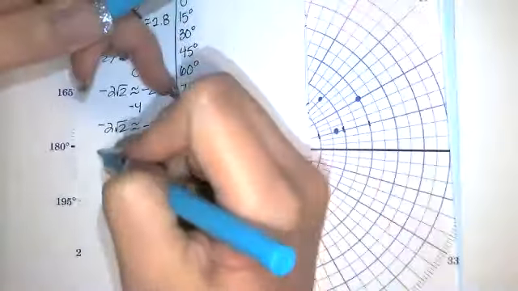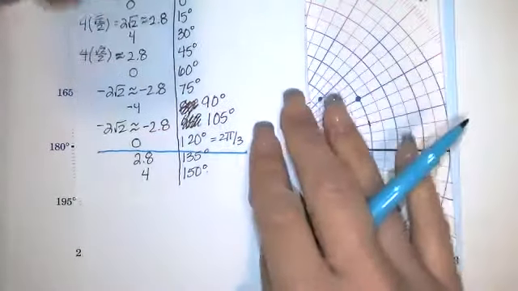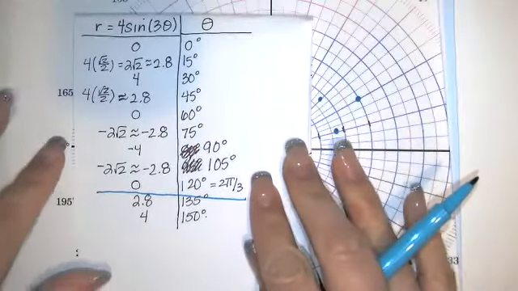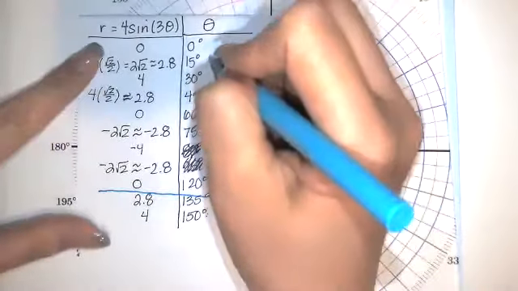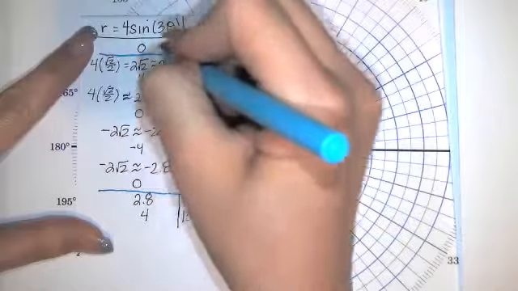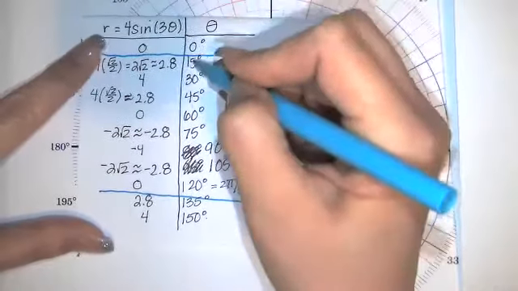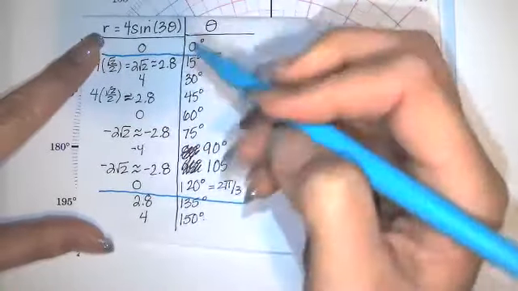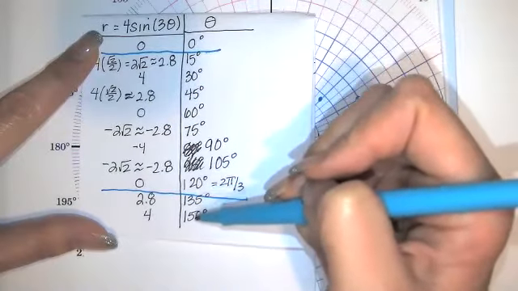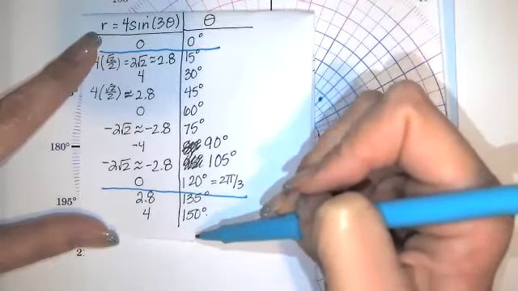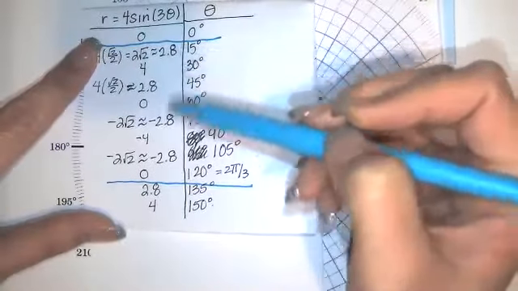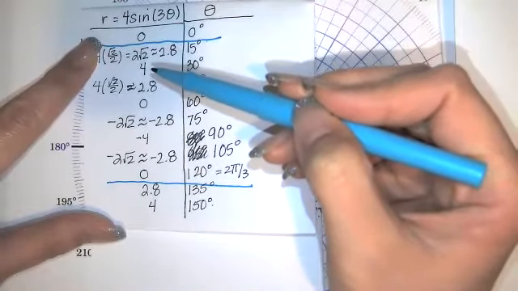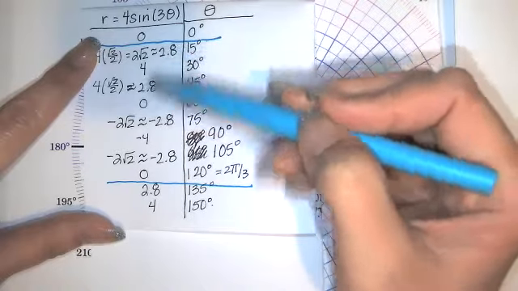Because basically what we're doing right here is when our sinusoidal version would start repeating itself. That would be the next period. So we're just going to pick up right here. It's sort of where we left off. But these angles are going to be incorrect. So our angles will be 135, 150, 15 more than that, 15 more than that, and so on. But the R values are going to repeat. So R is 2.8, 4, 2.8, 0, and so on.